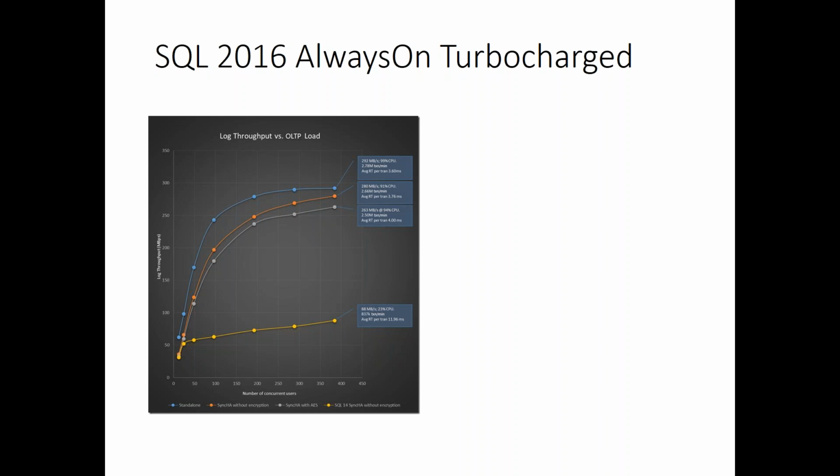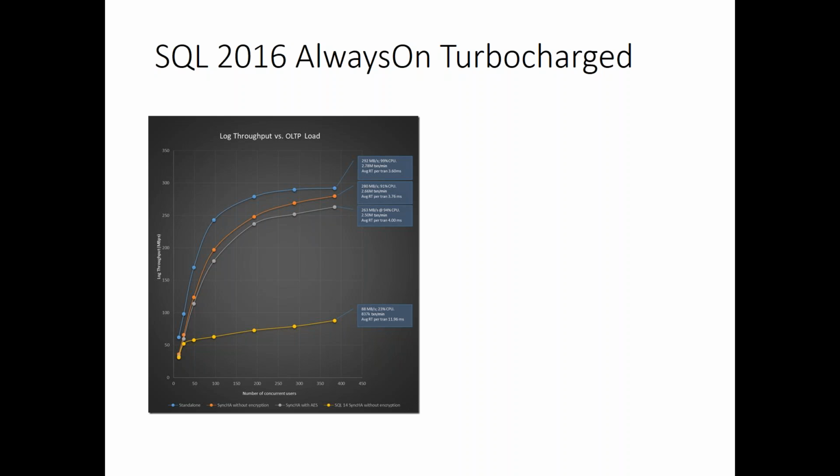The orange line is what you would see on SQL Server 2016 without encrypted connections, and the gray line is with encryption enabled. So the orange line is what we see as the 95% of the performance observed on a standalone environment.